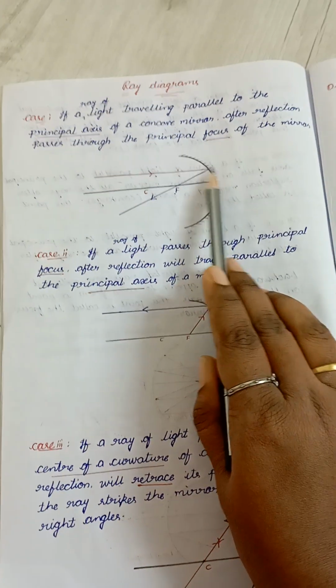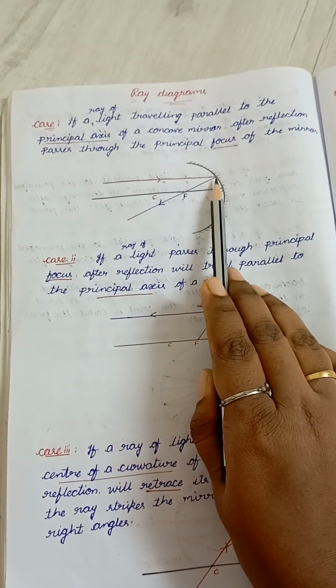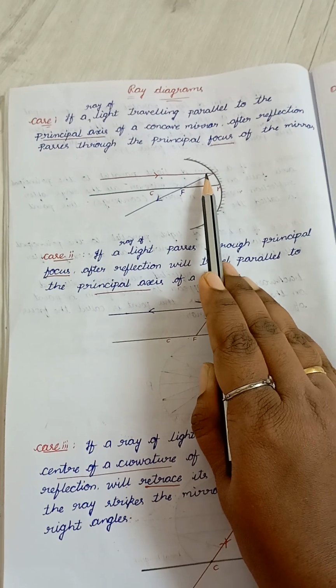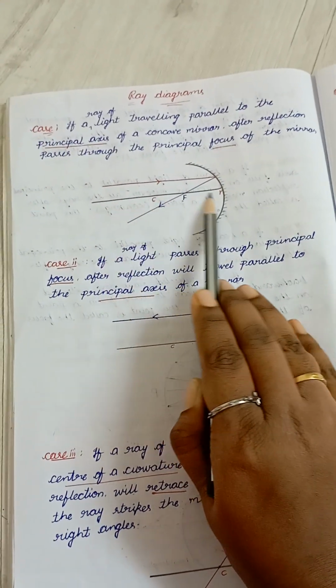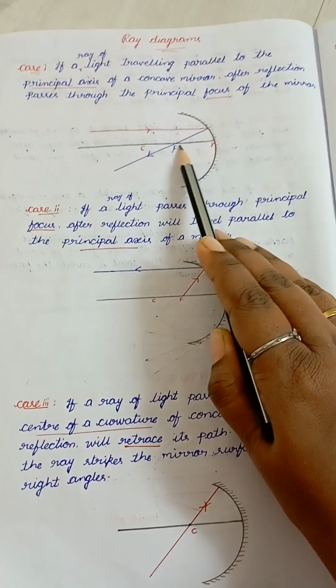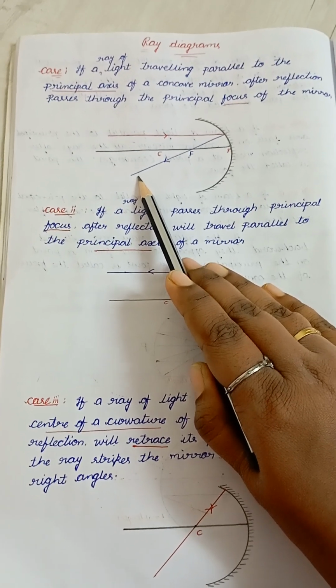If a light ray is incident parallel to the principal axis, after reflection it always passes through the focus. Clear? This is the first case.